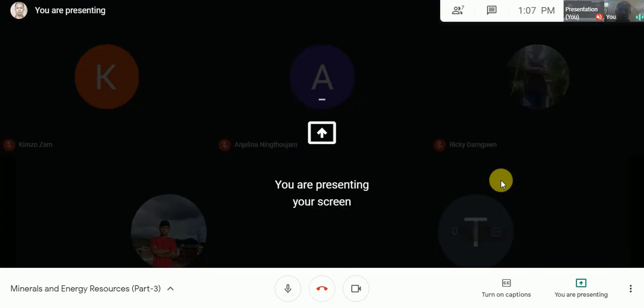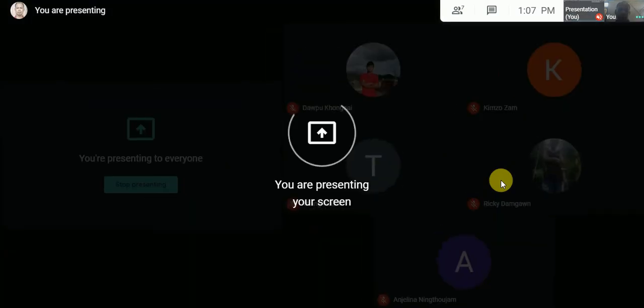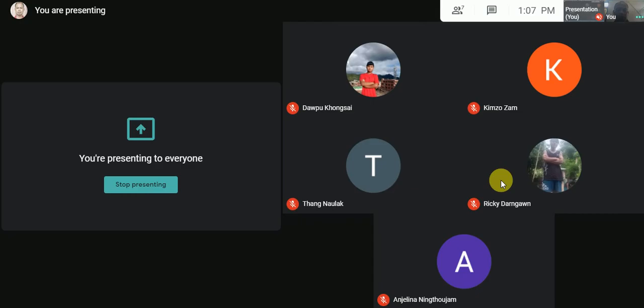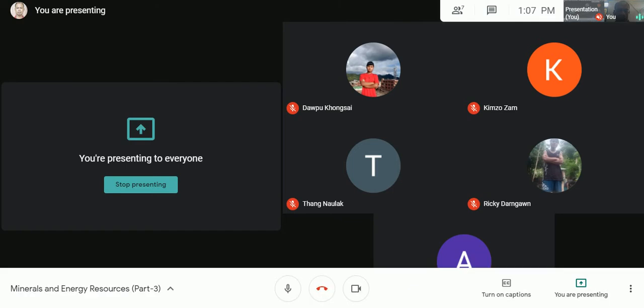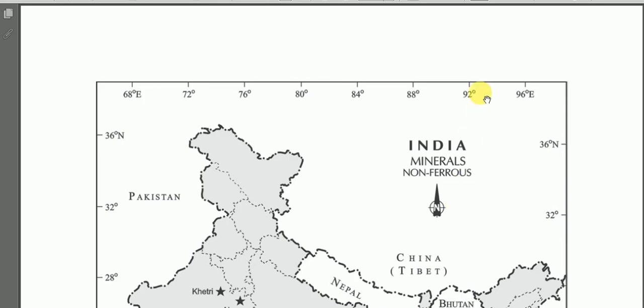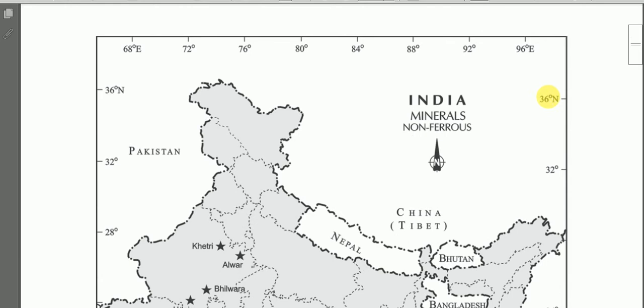Last time I told you that I will show a map showing the distribution of copper in India. So this is the map showing the distribution of copper, and the same has been uploaded in the WhatsApp group also.